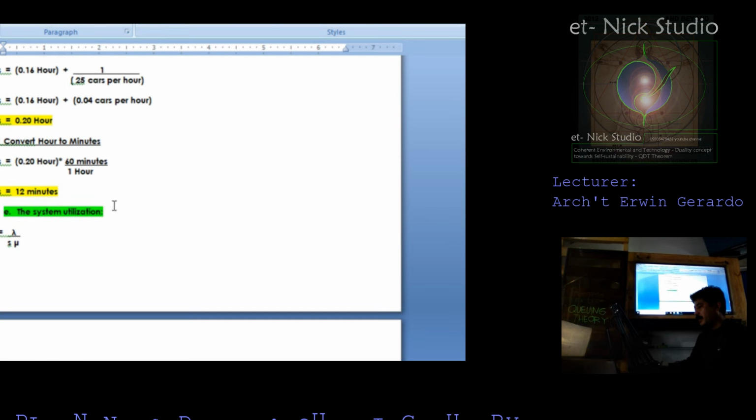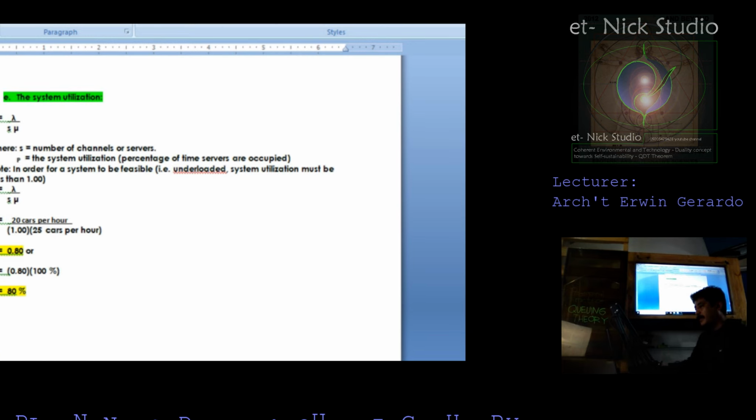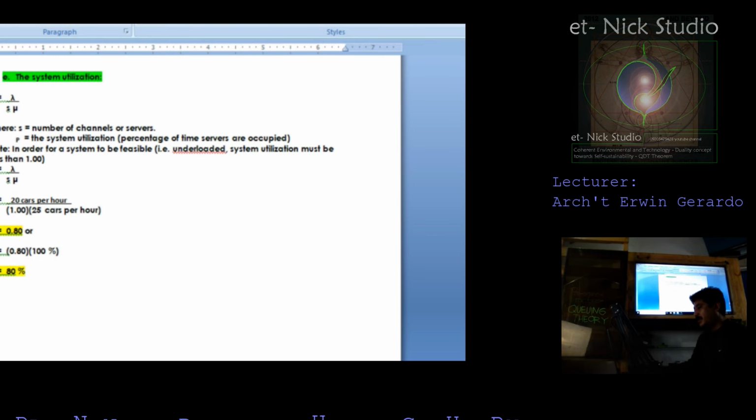Now, let us once again proceed to the system utilization, where P is equivalent to alpha divided by S times mu, where S is the number of channels or servers, and P is the system utilization, the percentage of time servers are occupied.